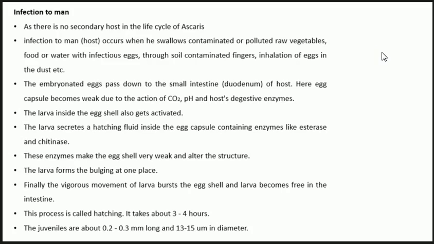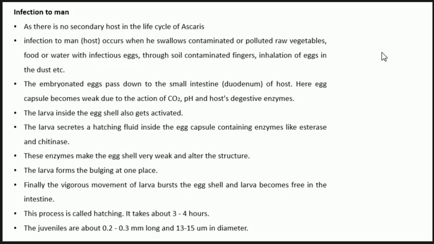The juveniles are about 0.2 to 0.3 mm long and 13 to 15 micrometers in diameter. Now they have all the organs of the adult except the reproductive system. Development in the host: after reaching the definitive host, the larvae do not remain in the intestine for further development, but go on a typical wandering tour of 10 days in the host body.